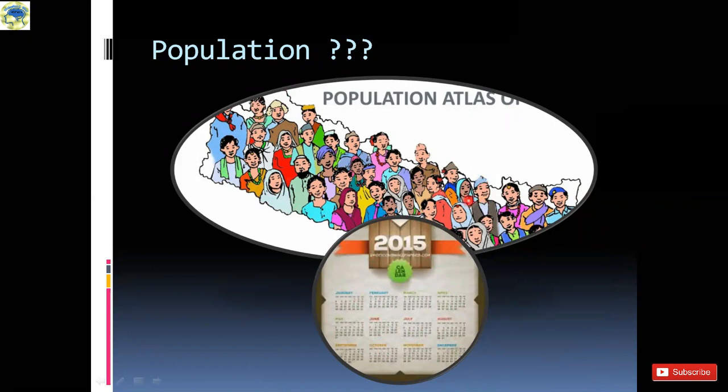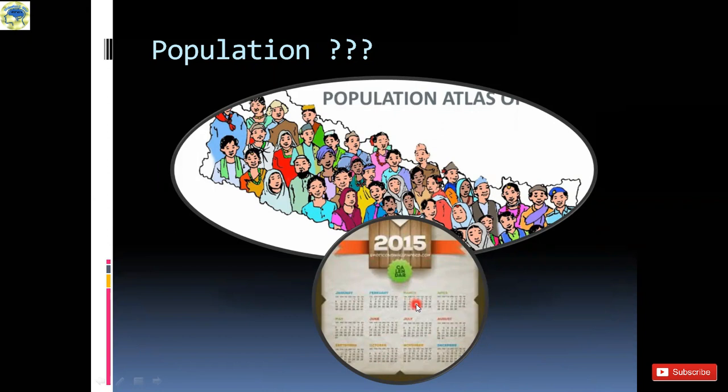First one is population, means the total number of people. So here many types of people, different religious background, different ethnic background, so different types of people, total number of people living in a certain boundary or certain place and in a certain time, means certain year.